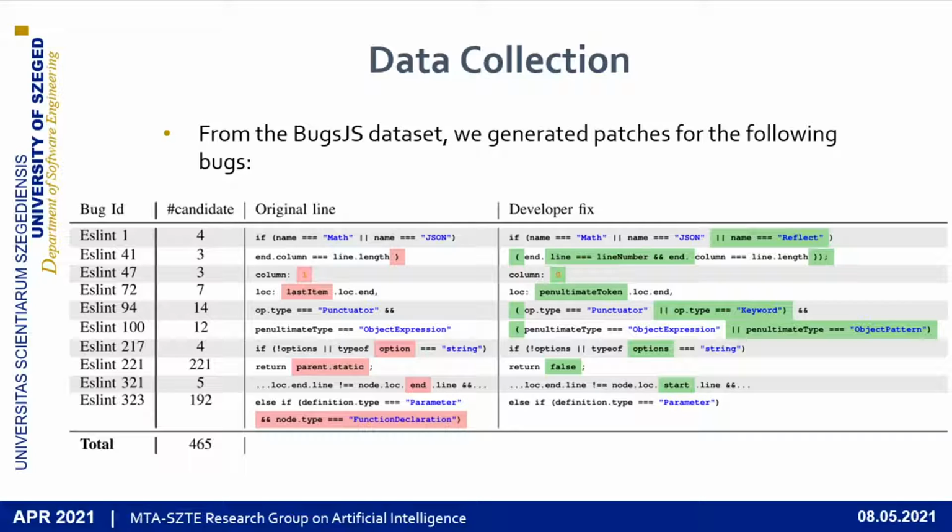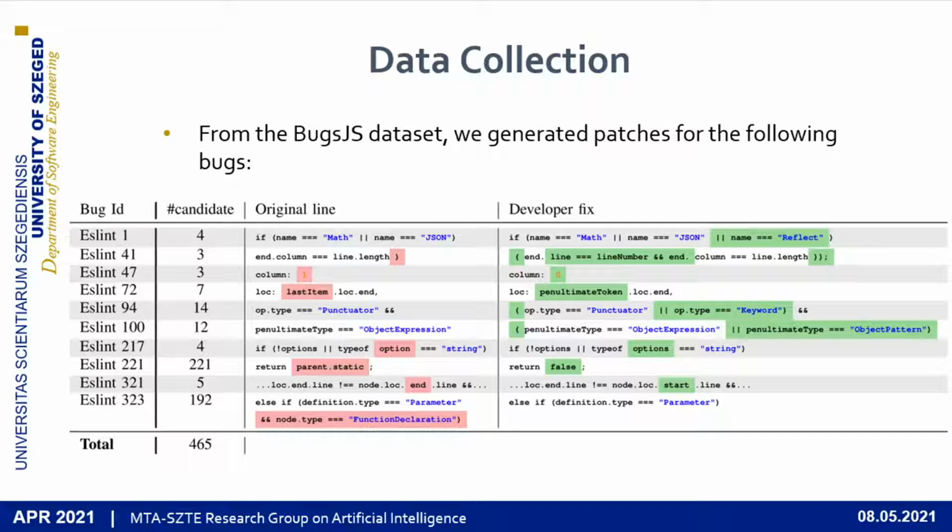We evaluated the similarity-based approach on the ESLint project, which is part of the BugsJS dataset. BugsJS features a rich interface for accessing the faulty and fixed versions of the programs and executing the corresponding test cases. These features prove to be rather useful for the comparison of automatically generated patches with the ones which were created by developers.